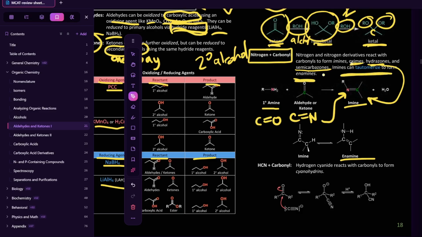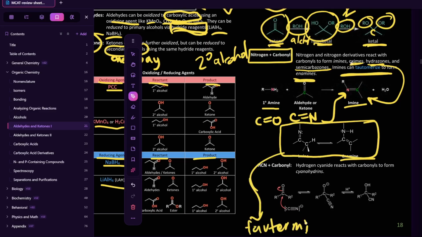And so imines can also tautomerize, as it says here. Imines can tautomerize to form enamines. So imine, this is tautomerization happening over here. What that means is that you can shift the hydrogen and the double bond around. And then it shifts around to become an enamine, where the double bond moves off of the nitrogen. So before, we have this double bond with the nitrogen.